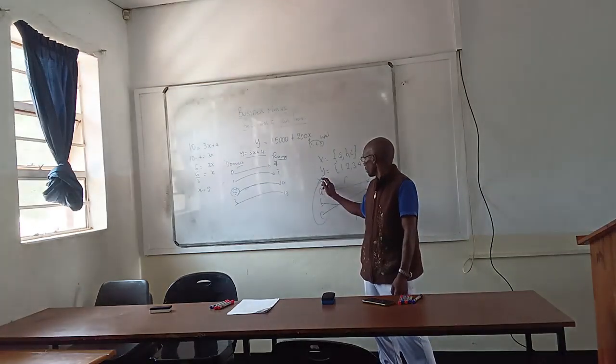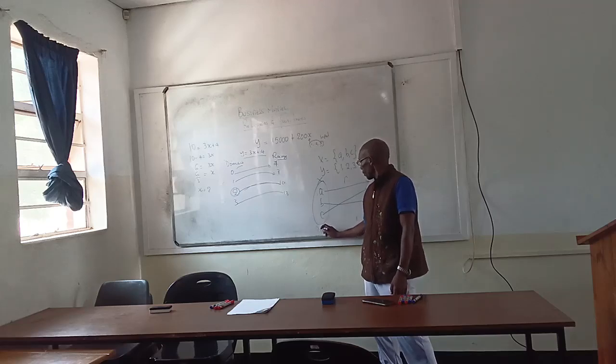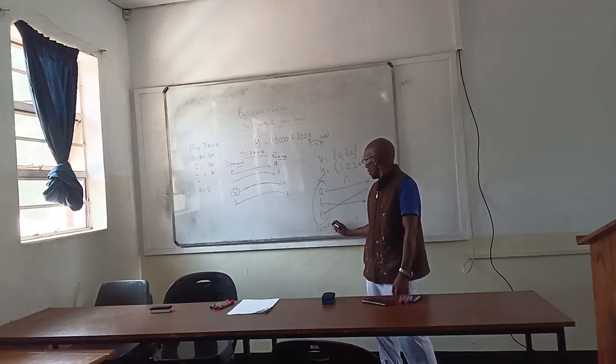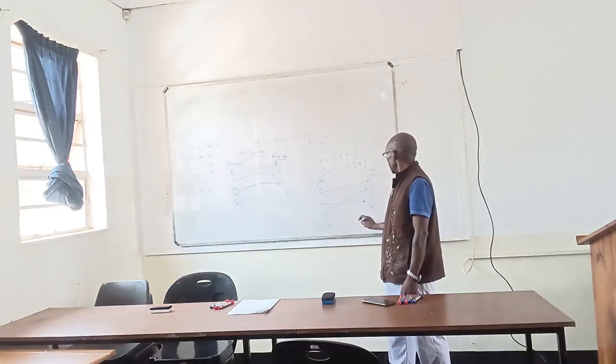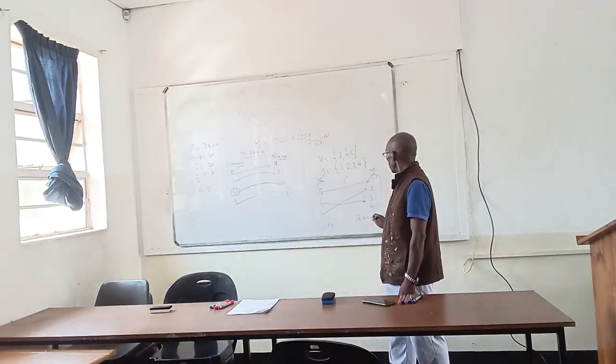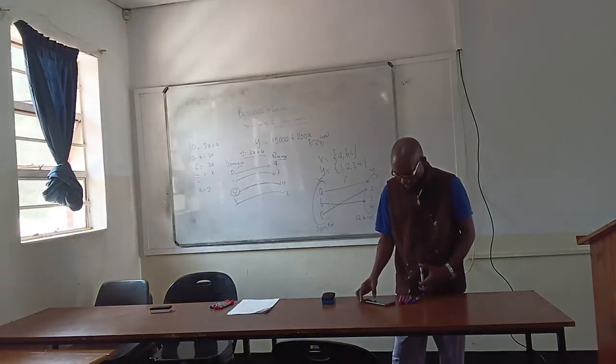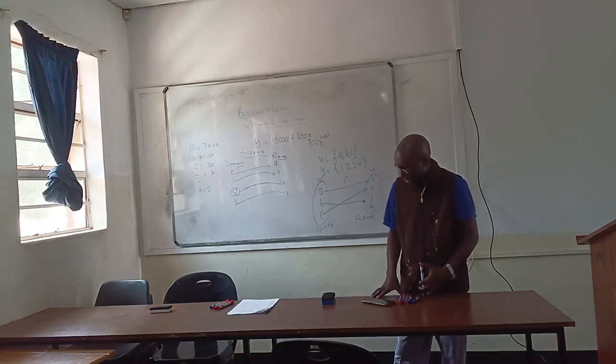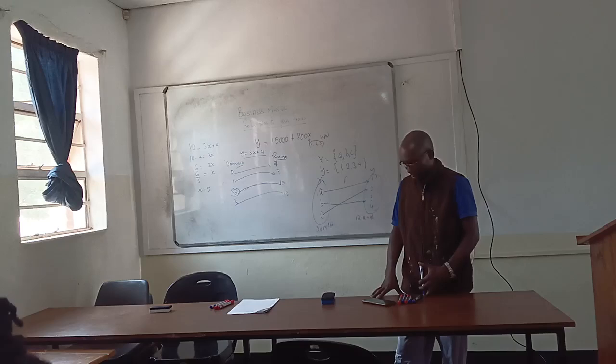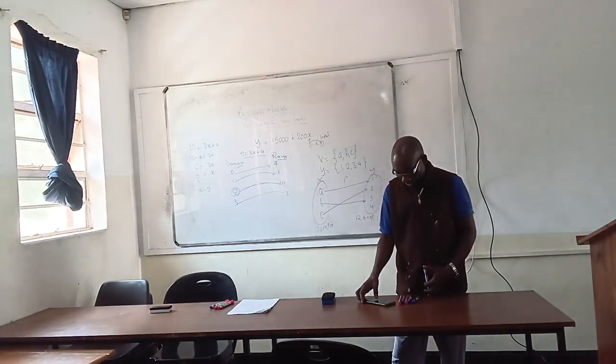This is our domain, and this is our range. But the function has the codomain. When we talk about the domain, it's A, B, C. Our range is 1, 2, and 3, and our codomain is the other one.